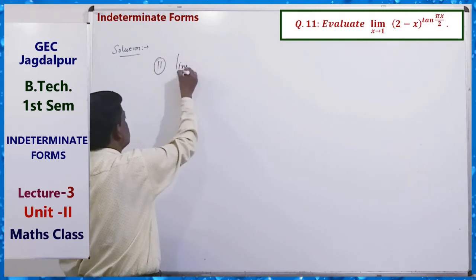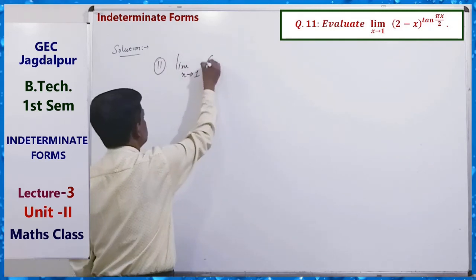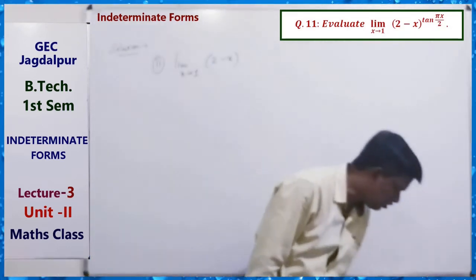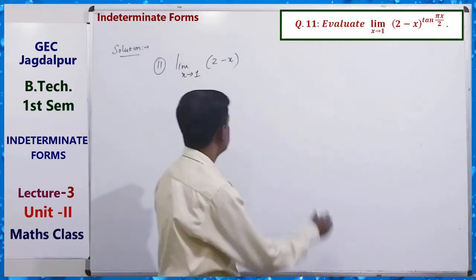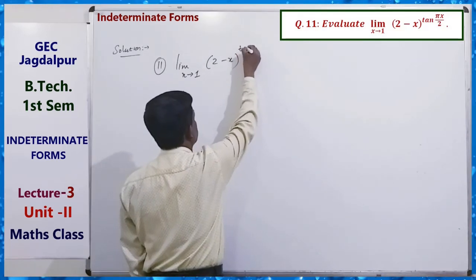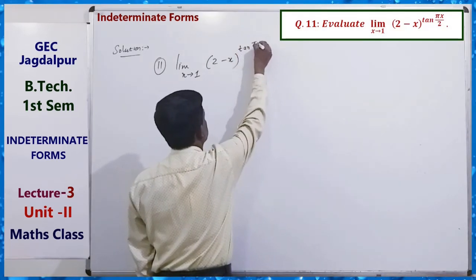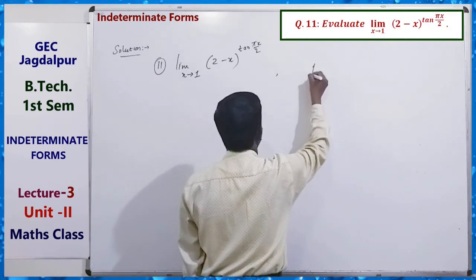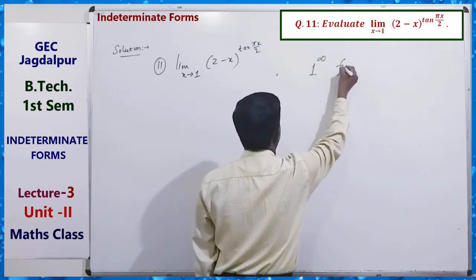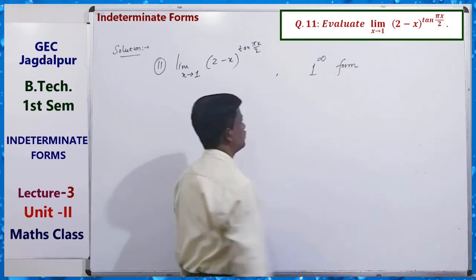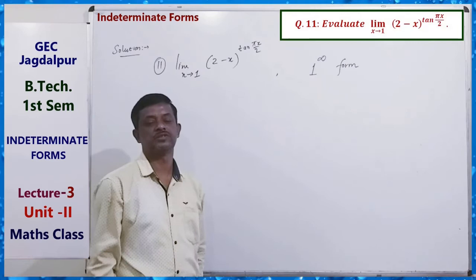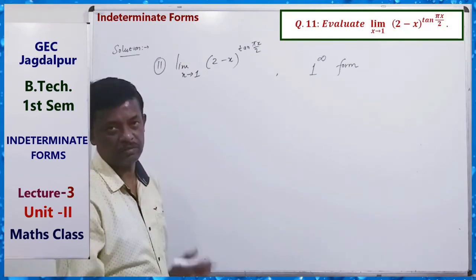Limit x tending to 1, (2 minus x) power tan (pi x by 2). This is 1 power infinity form. So for this form also we use logarithmic.